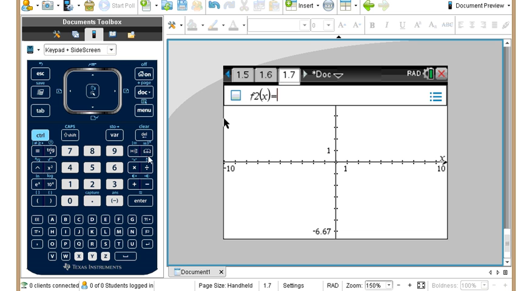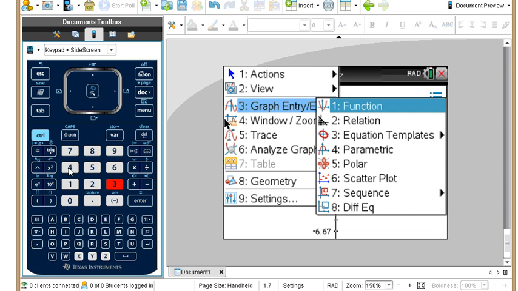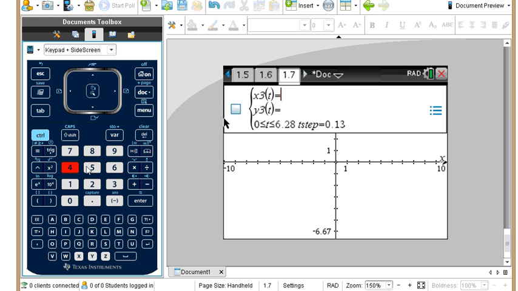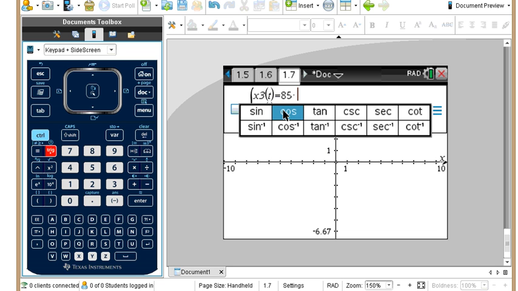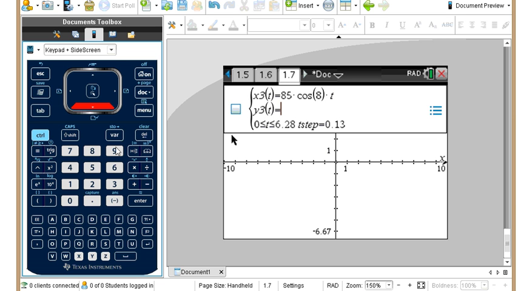add graph, and we're going to go to menu, graph, parametric, and we're going to put in 85 times cosine and 8 degrees here times t, and come down here.